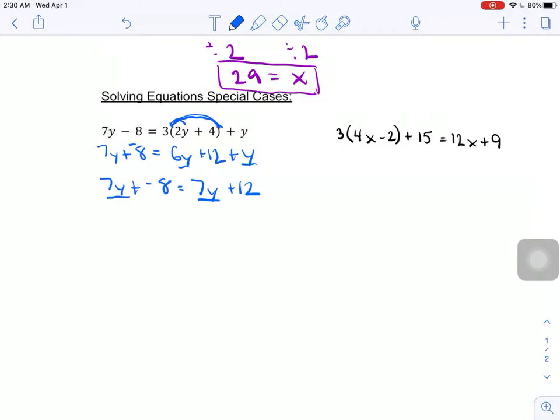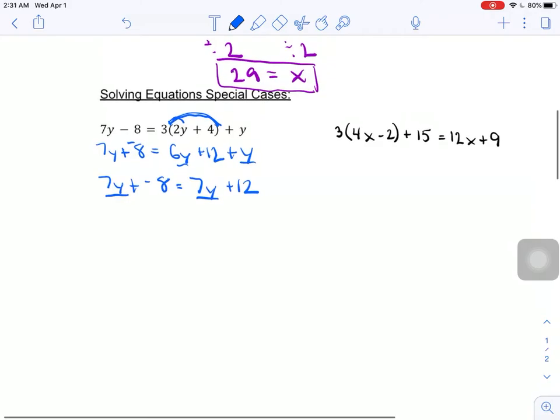I can get rid of the 7y or I can get rid of the 7y. The way I would get rid of a 7y is by subtracting it. So I'm going to do that on both sides, and that's checking off that variables on both sides step. Because this was the same on both sides, when I cancel it out, it's going to cancel out on both sides. And I get left with this.